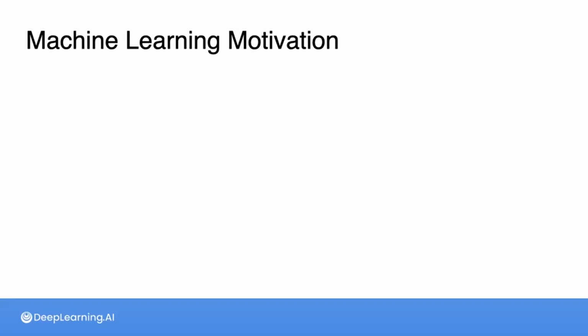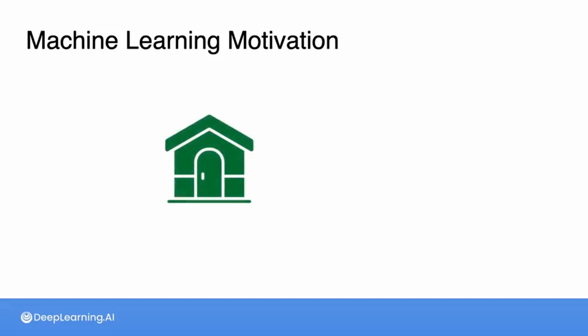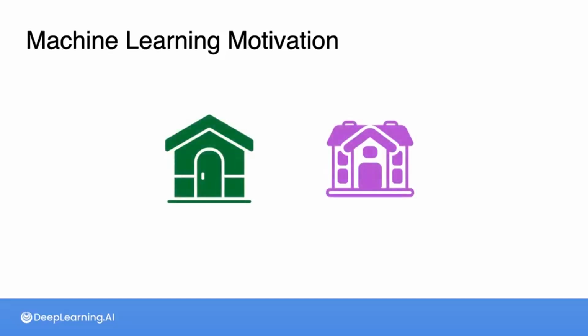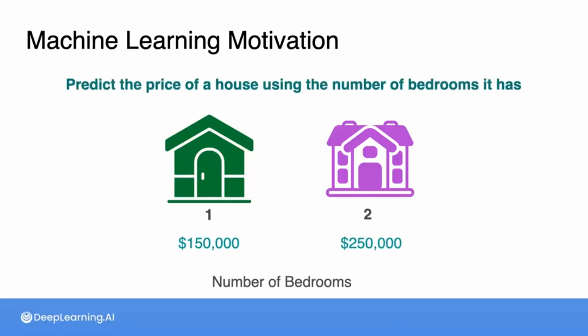So let's begin by considering this problem. You have the following houses. Each one has a different number of bedrooms. The first one has 1 bedroom and the second one has 2 bedrooms. Now, the first house costs $150,000 and the second one $250,000. And in this problem, you would like to be able to predict the price of a house using the number of bedrooms it has.